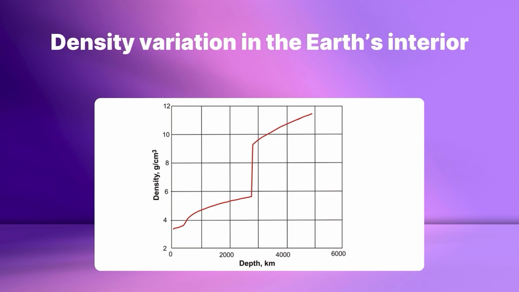After that the outer core and the inner core are there, which are highest in density, which reaches here, and this is a depth of around 4800 kilometers. If you see the graph, it shows a gradual rise, and there are certain layers which reflect an exponential rise in the density of the earth.